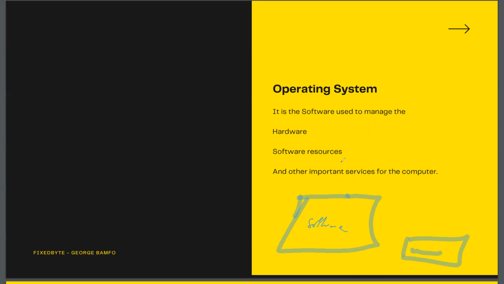So basically what the operating system does, it's more like that guy who manages the hardware. Like we already mentioned, we have the CPU, we have the mouse, we have maybe some peripherals like the printer, we may have some RAM and other stuff, maybe the SSD or HD.